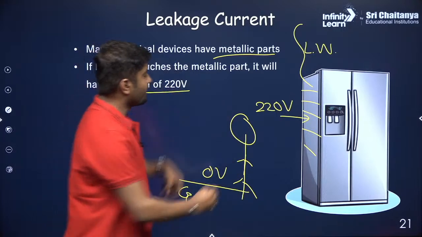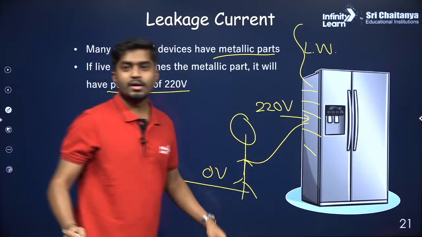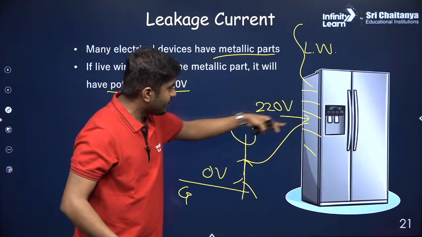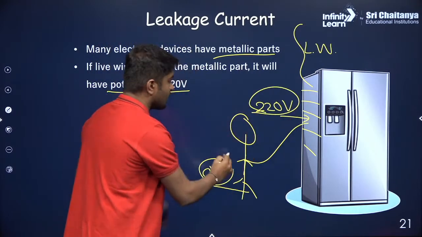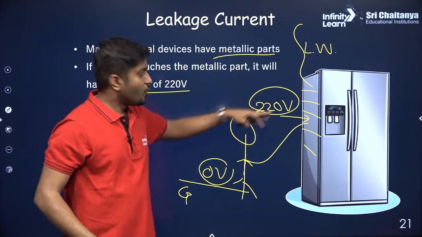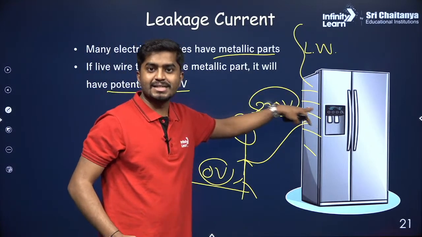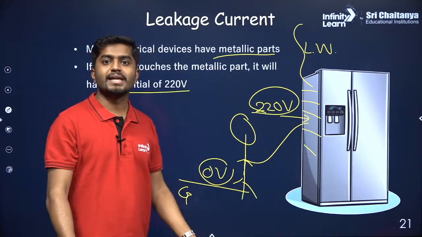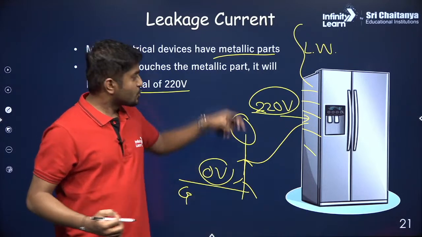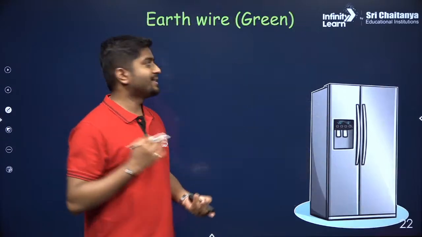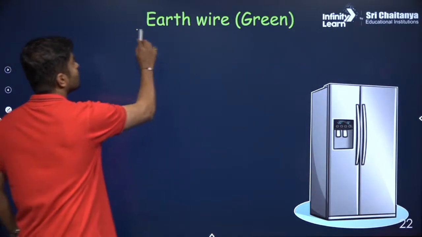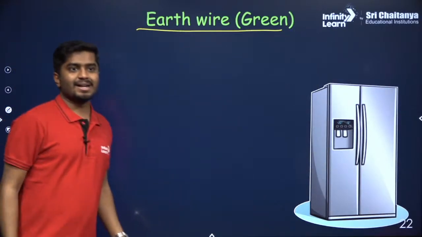If this person touches it, the current will flow. There is a higher potential and a lower potential. So the current will flow from this device to the ground through the body, which is not good. The person will get an electric shock, and to avoid that we use the earth wire, which is in green color.